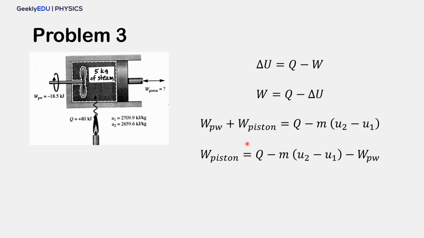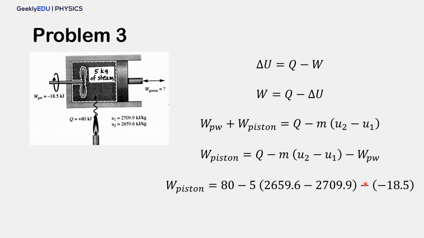Well, we can just isolate the work done by the steam on the piston here, and add all the values. In this case, we have a work in the piston of 350 kilojoules.